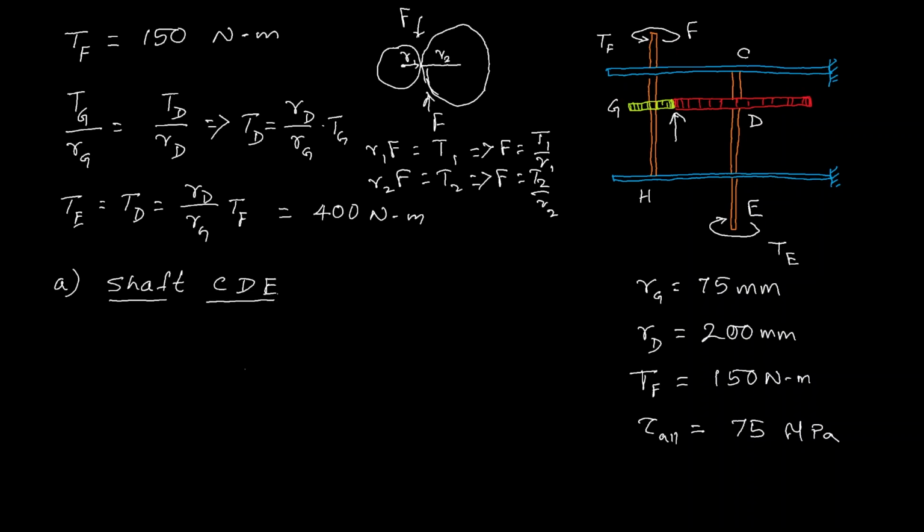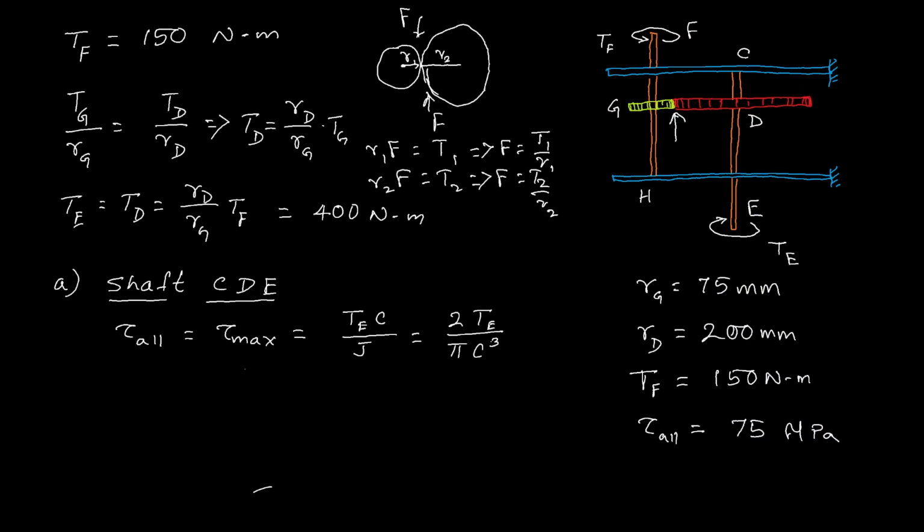Suppose I design so that tau allowable is equal to the tau max which gets generated, and that is equal to the torque at E times C, which we want to calculate, divided by J. That equals 2 TE divided by pi C cubed, because J is pi C to the power 4 over 2.